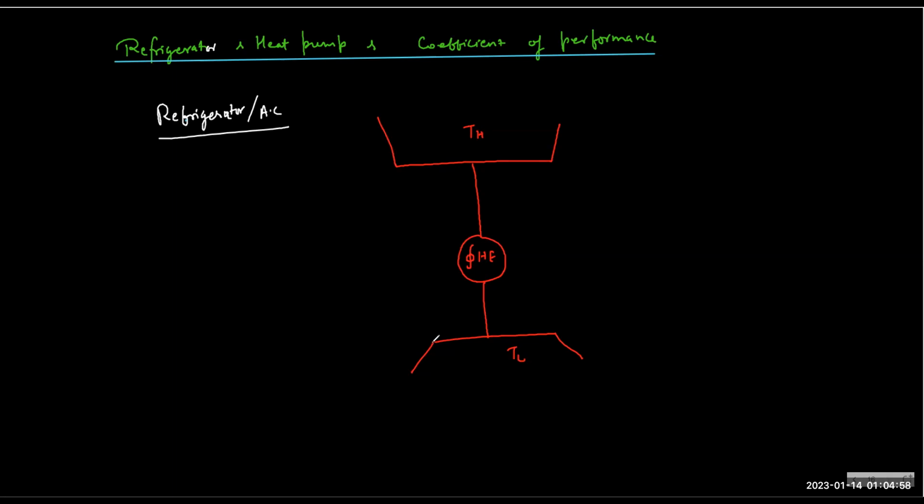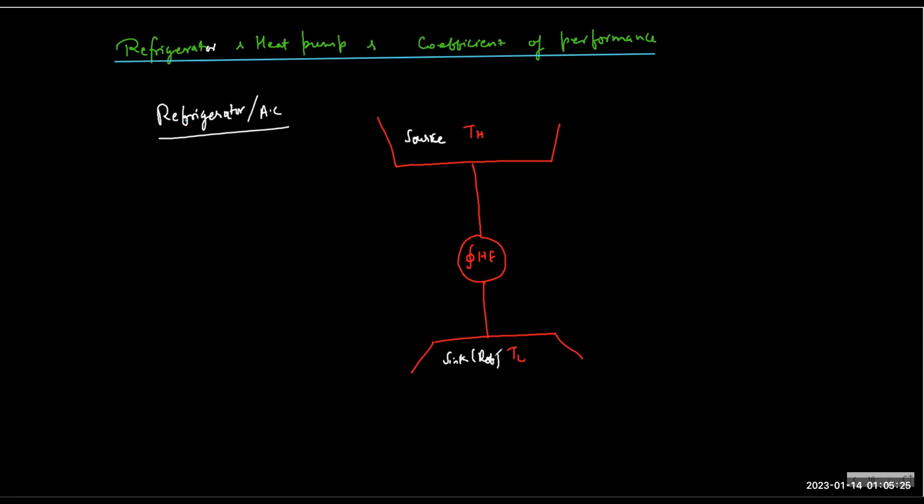Bottom, sir. We are living in the lower temperature region. So you should not say sink, right? So you're living here. This is your refrigerator. The sink behaves as a refrigerator.